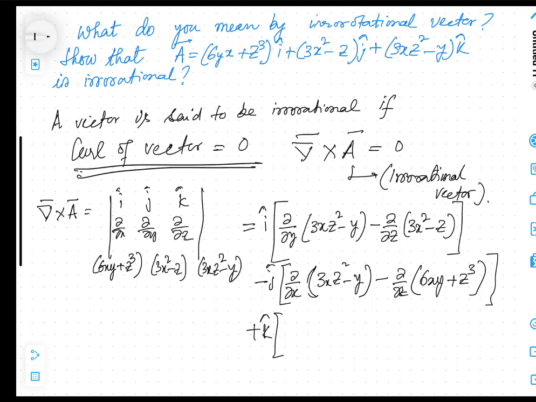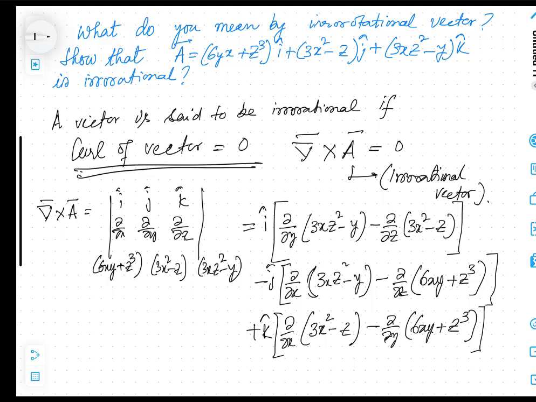Then the first row and the third column will be switched off, and I have del del x of 3x square minus z minus del del y of 6xy plus z cube.